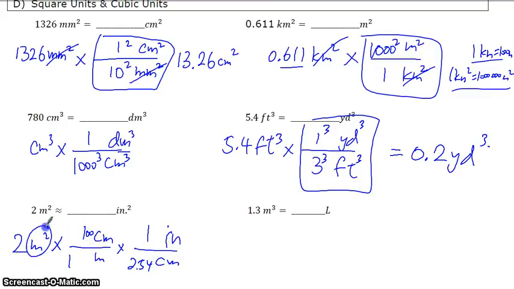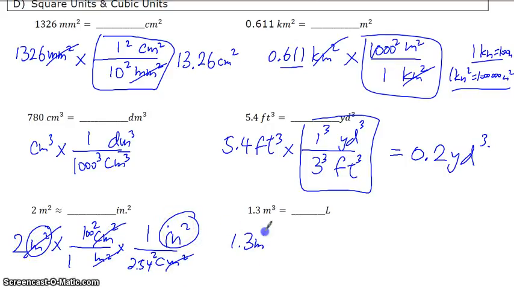But now this is square, so you square everything. Don't forget to square everything. So from here, to go to 2 meters squared, you multiply by 100 squared, which is 10,000, and then divide by 2.54 squared. Then you get the answer. You do the unit analysis, that's the unit you want, and that's what you get.